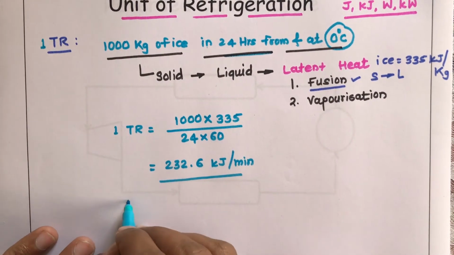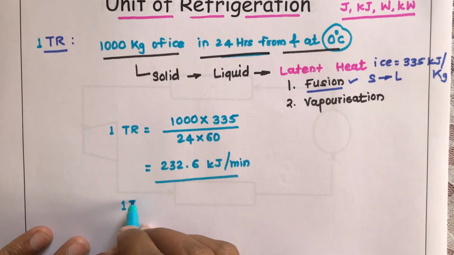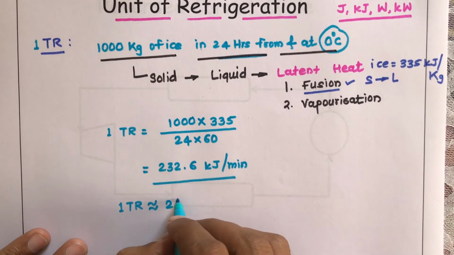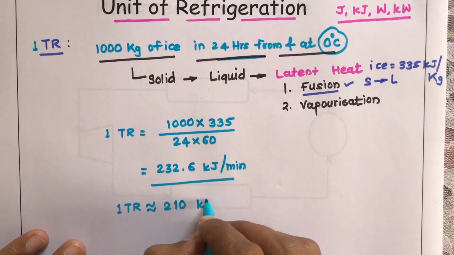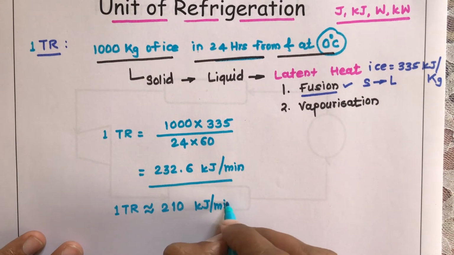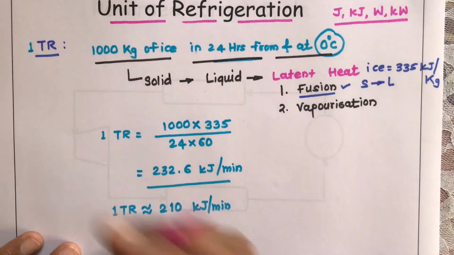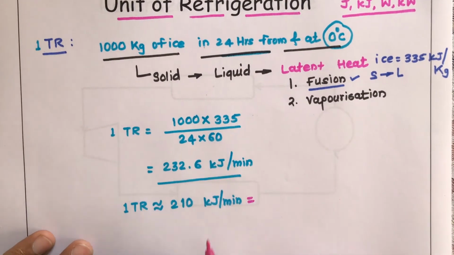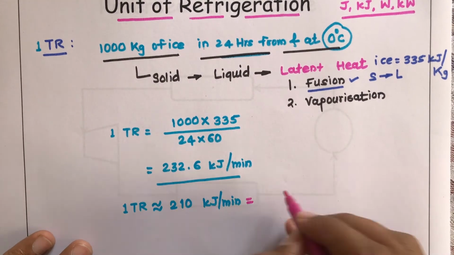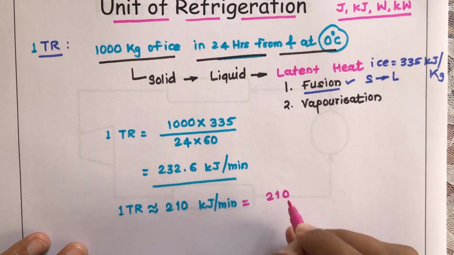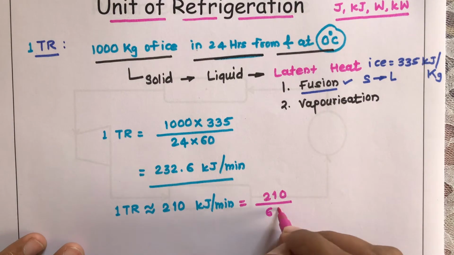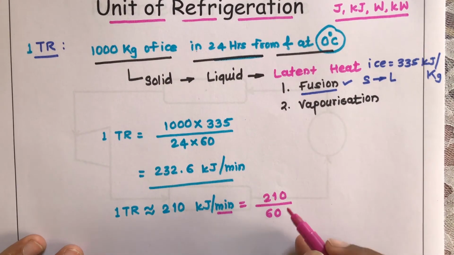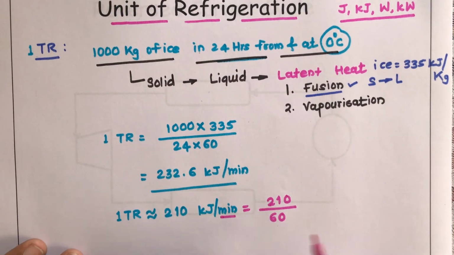So 1 ton of refrigeration is equal to 232.6 kilojoule per minute. But for simplification, we write that 1 ton of refrigeration is nearly equal to 210 kilojoule per minute. Now let us convert kilojoule per minute into kilojoule per second in order to express this in terms of kilowatt. 210 divided by 60, this 60 for conversion of minute into second, as kilojoule per second is kilowatt.